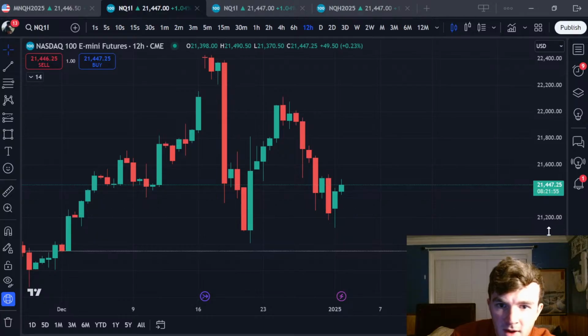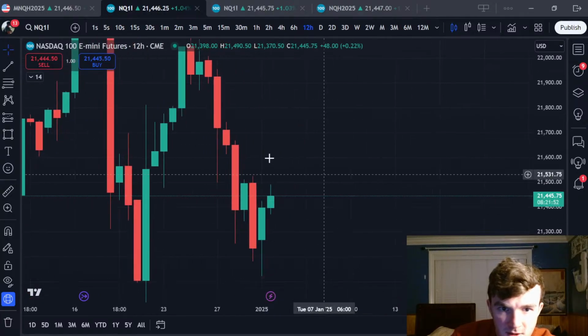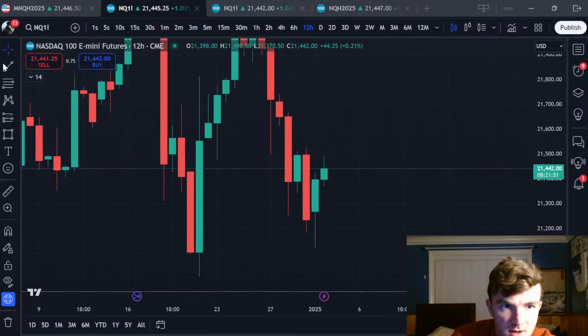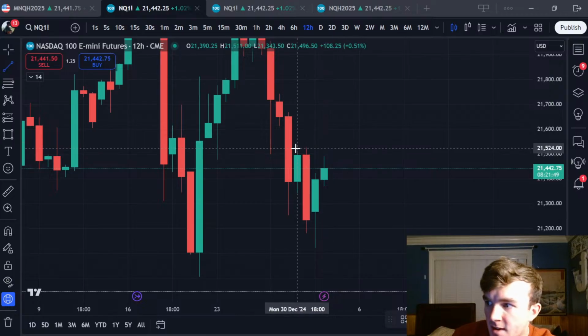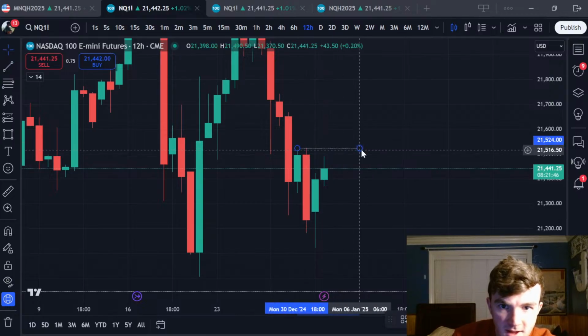So on the 12 hour, we got this CRT. I think we could at least be drawing to this CRT high, which is the same as previous day's high.